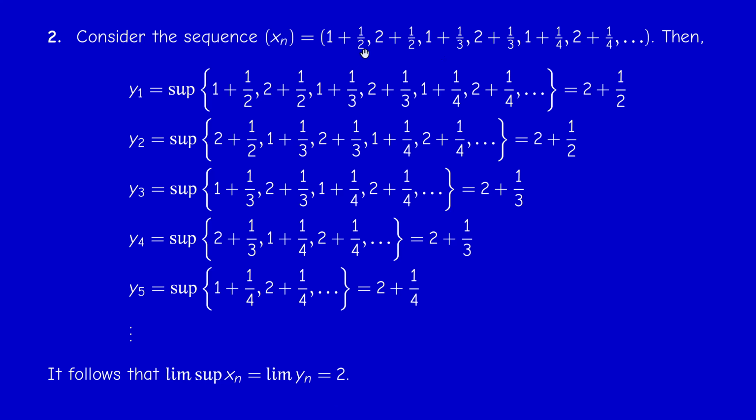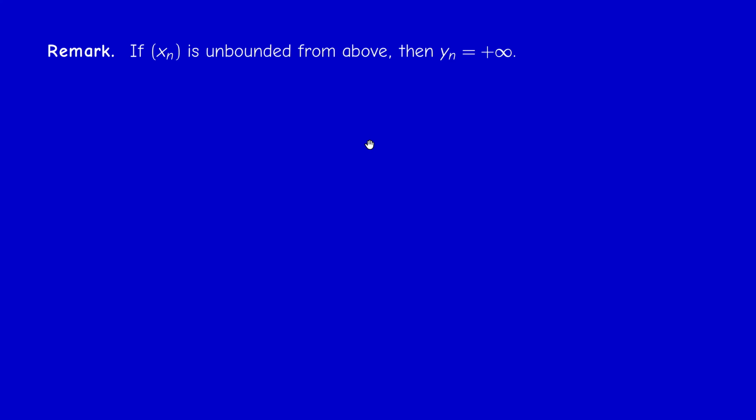Now remark what happens if xn is unbounded. If xn is unbounded, then the set xk, k bigger or equal than n, is also unbounded. And we agreed in the first chapter to put the supremum of an unbounded set from above to be plus infinity. So in this case, yn is constant, it's equal to plus infinity.